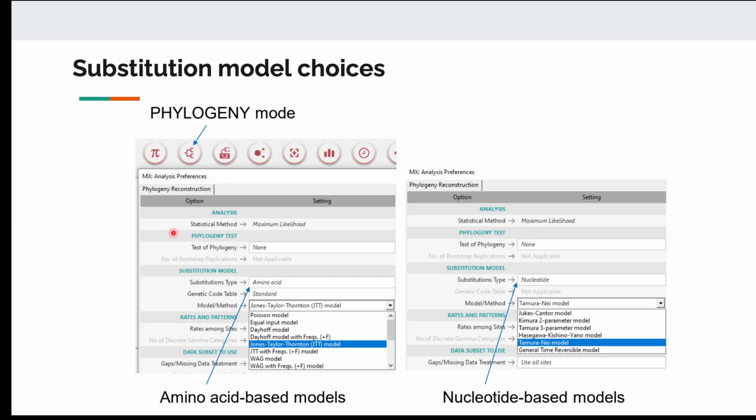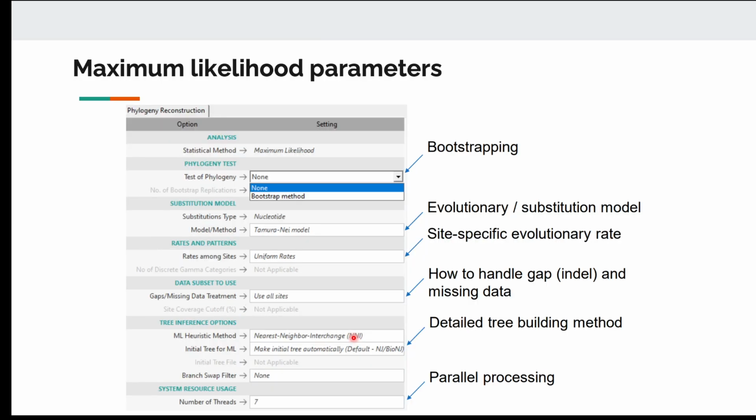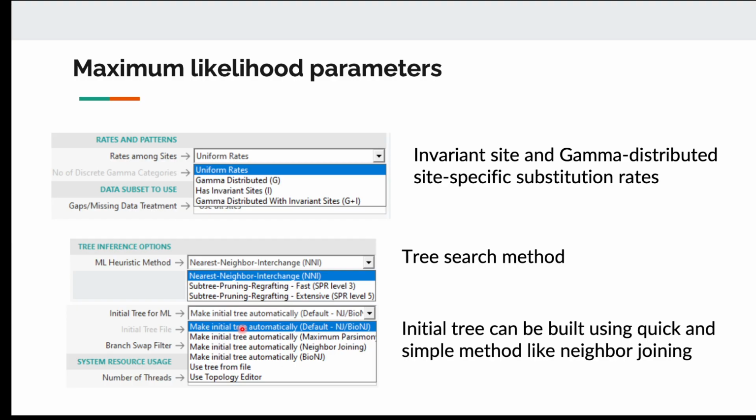You have seen the term site-specific evolutionary rate before. And you have seen all these tree building methods, like nearest neighbor interchange, and other things before. So hopefully you'll be able to make sense of how to run the phylogenetic analysis through the tool, and to show you that all the terms that we see in the lecture are the terms that you encounter when you analyze actual data.